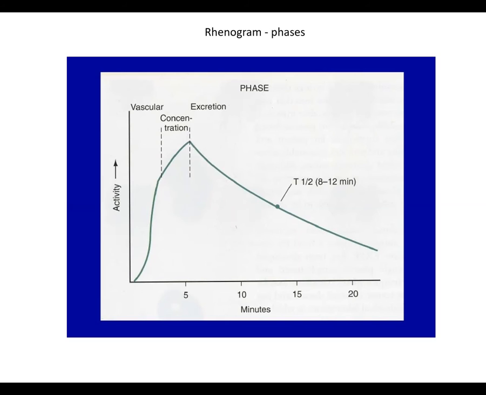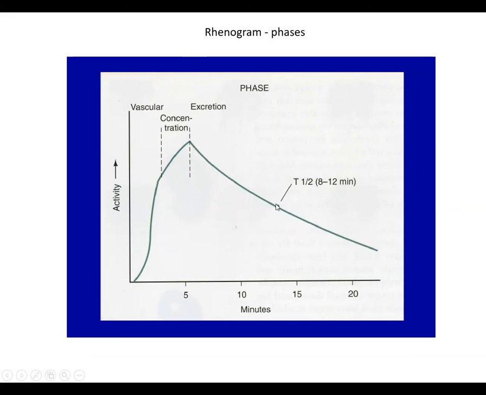After that, the urine, which contains the radioactive isotope, is excreted from the kidneys into the calyces, then to the pelvis of the kidney, then to the ureter, and then into the urinary bladder. We call this the excretion phase. This is the third phase, and it's the longest, and the slope is less sharp.